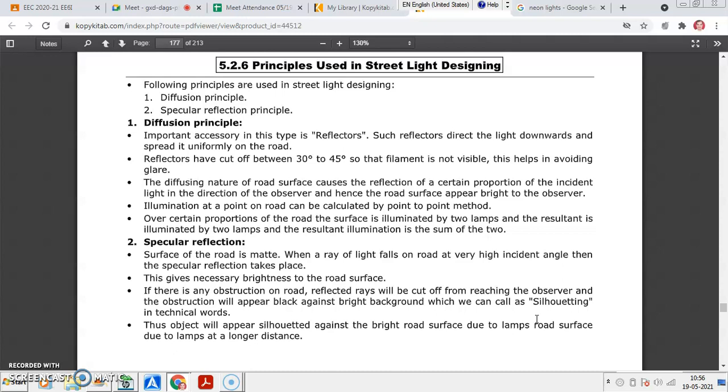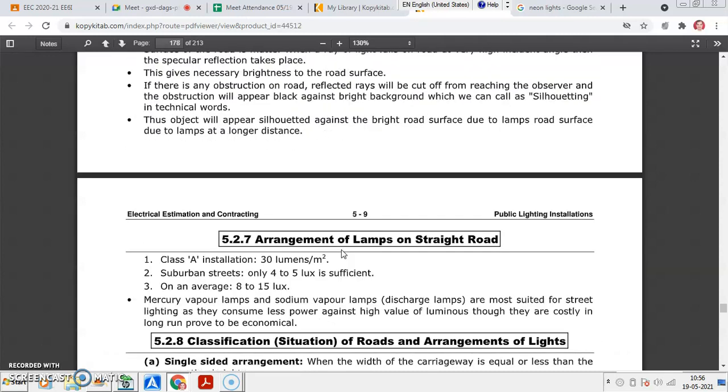So in technical words, these objects will appear silhouetted against the bright road surface, and due to lamps, at higher longer distances, you can have specular reflection. So this can also be adopted.